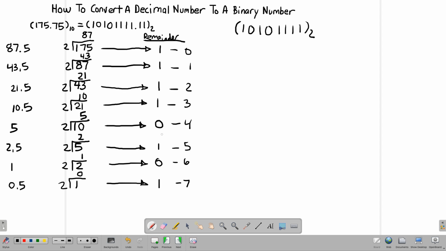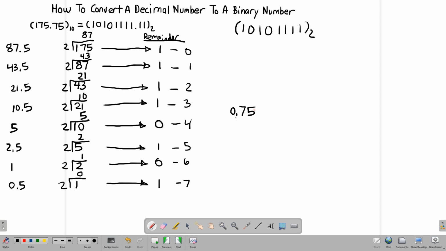All right. So let's make room here. I want to show the... Actually, I can use it here. So what we'll do is look at the 0.75. For the integer portion, we did the normal process, dividing 175 by 2. When we get to the decimal part of it, we have to do the reverse of division, which is multiplication.